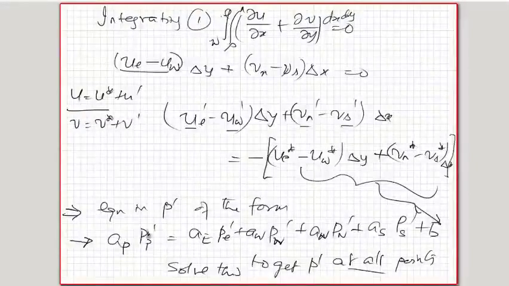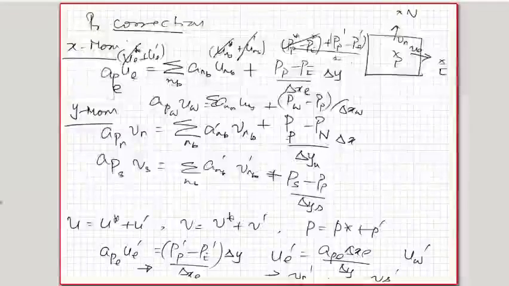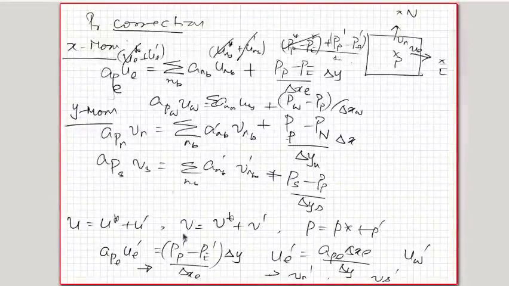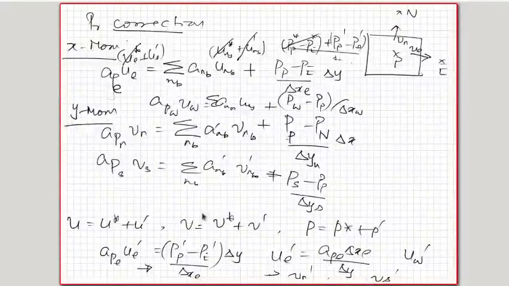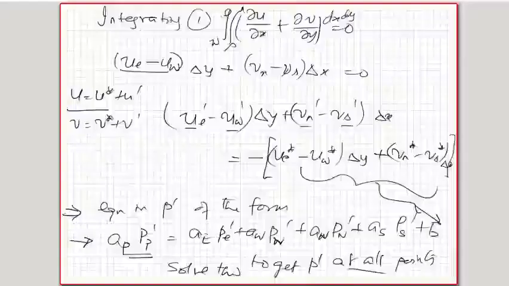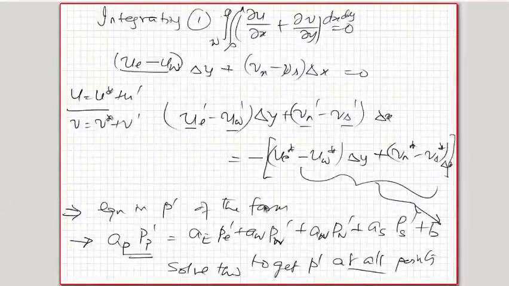Okay, so the continuity equation leads you to a P prime equation which you can solve, and once you solve for P prime, then you can go back to these expressions which you have just derived, and using the values of P prime that you have got, you can actually get the values of U prime and V prime. Okay, so once those V prime, U prime values are available, then add that to the UV values.